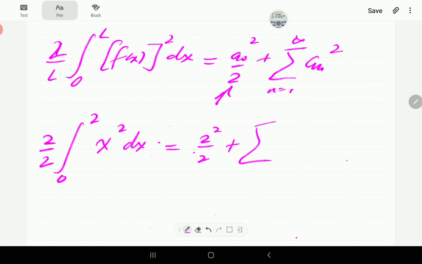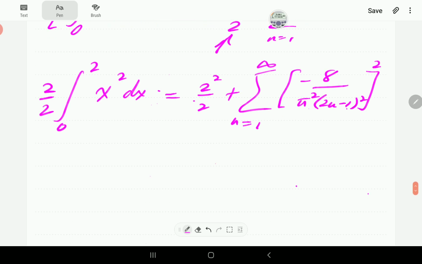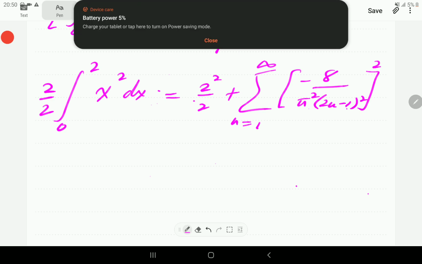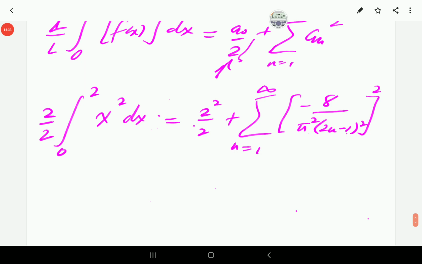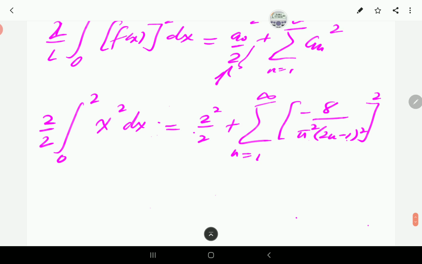Then we are going to have the sum of minus 8 over pi squared times 2n minus 1 squared, squared, to infinity. If we do the integration here and everything, we get, okay, so integrating this left hand side and plugging in the limits is going to give us 8 over 3.